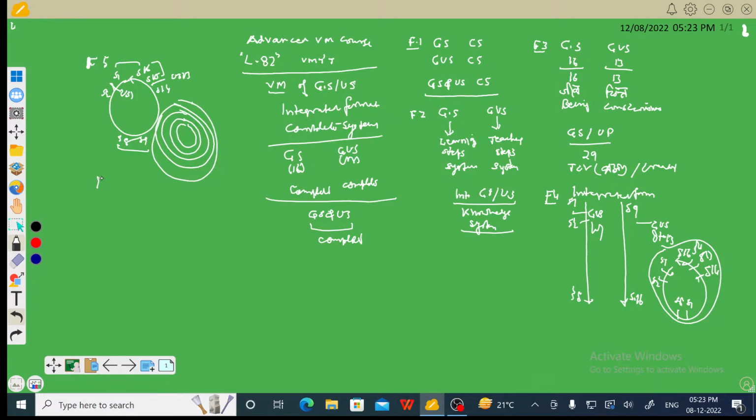The sixth feature is that Sutra 1 is the source sutra. Upsutra 1 is the source Upsutra.